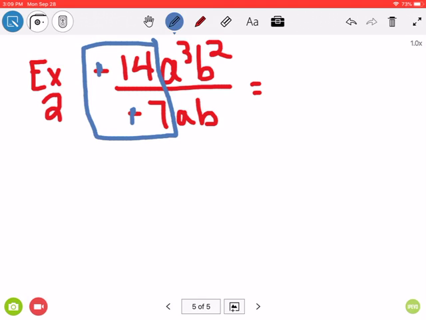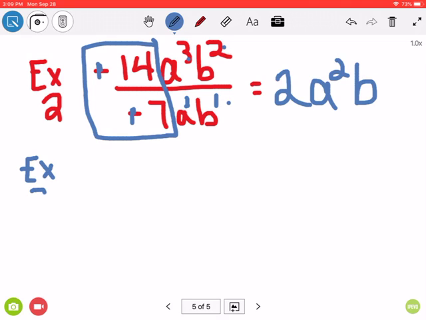And 14 divided by 7 is 2. And then I would subtract my exponents. And remember, if you don't see an exponent, put a 1 in there. 3 minus 1 gives you 2 for the a, and 2 minus 1 gives you 1 for the b. Now, because it's 1, I don't have to put it up there. I'll just leave it without.